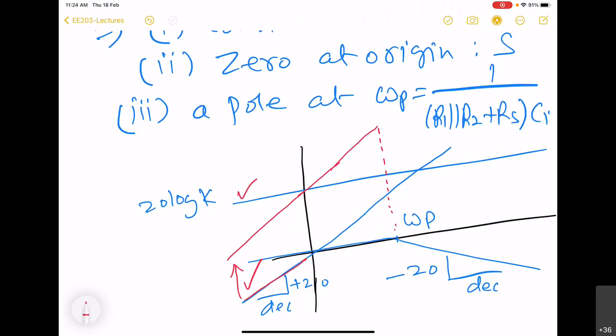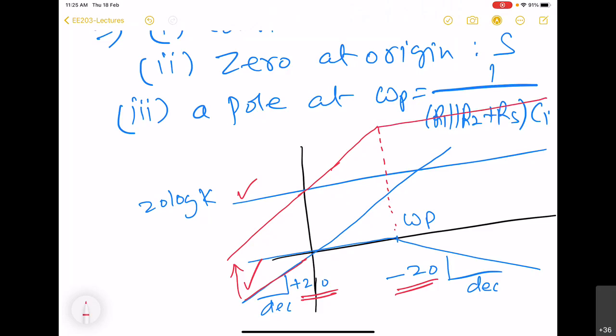So after this, the plus 20 dB slope of this 0 will get cancelled out by minus 20 dB slope. That means this will increase the curve by plus 20 dB, pole will decrease the curve by 20 dB, minus 20 dB. So net increment is going to be 0. So this will become horizontal flat like this, right?